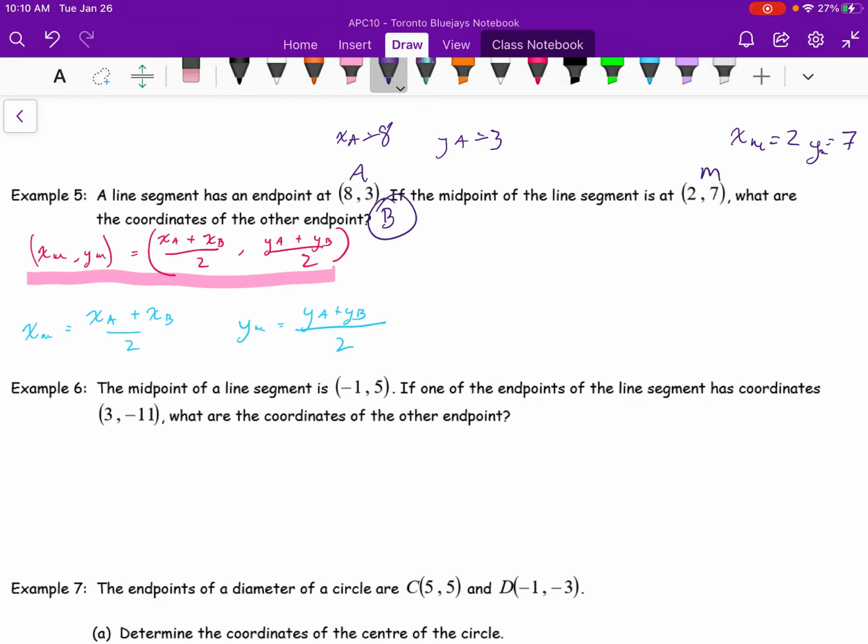So I'm just going to plug in my values now. For the x-coordinate, I'm going to use this formula here. The x-coordinate of my midpoint, 2, is equal to xa plus xb, and since I don't know xb, I simply leave it as the unknown, divided by 2.